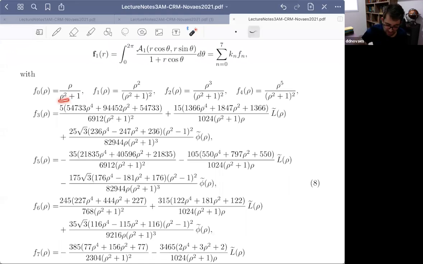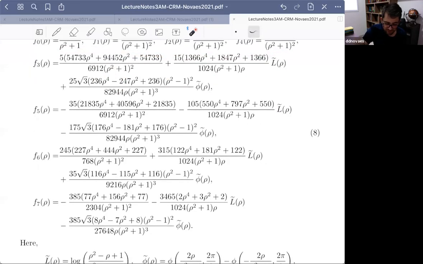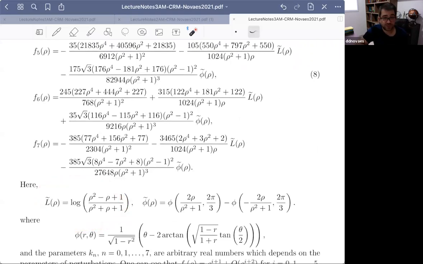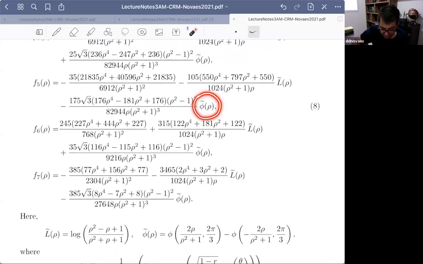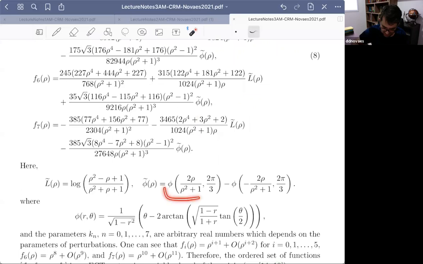We have some quotients here, then other functions that depend on L2, which is a logarithmic function of a quotient, and also these other functions phi tilde, given as this difference, and the function phi depends on a square root and an arctangent of a square root multiplied by an arctangent. Just for you to note, the things start to become stranger.